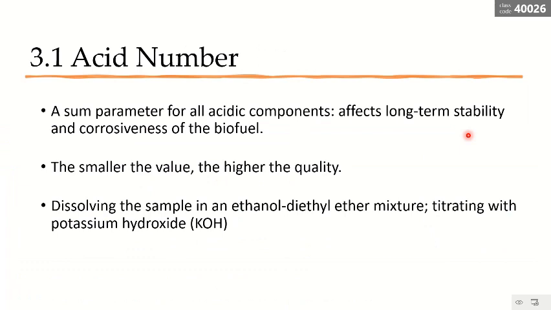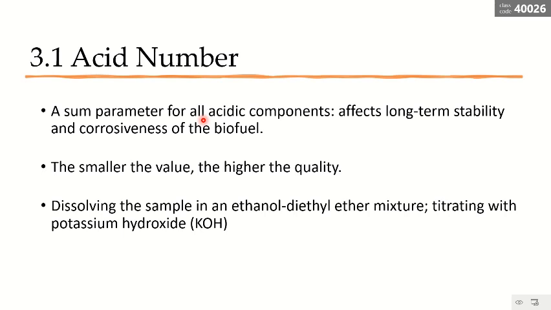Okay, now we talk about the assay number. As we know, it is related to the free fatty acid. Actually, the acid number is the concept of how much acid there is. So all the acidic components, whatever they are, we want to know how much. Basically, it is a sum-up parameter.